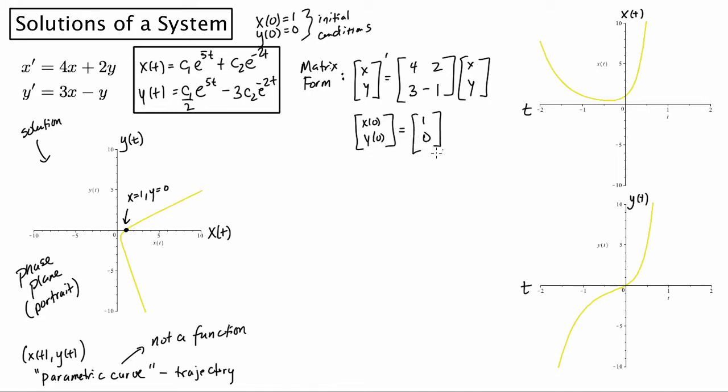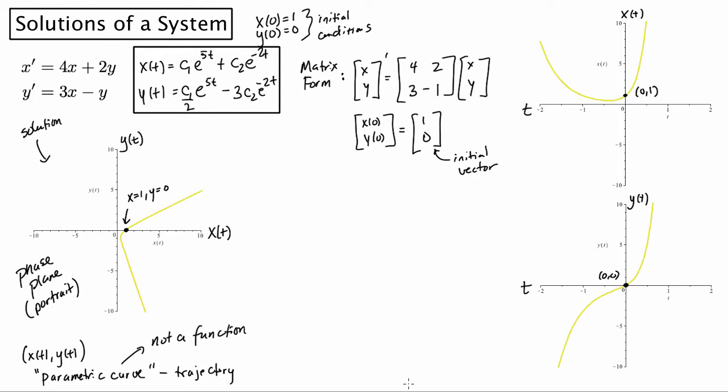That's the initial vector. And so this is an IVP. And so you can see here on each of these, when time is 0, x is 1. So this is 0, 1. And when y is 0, it's 0, so this is 0, 0. So you can see the initial conditions show up in each of the graphs.